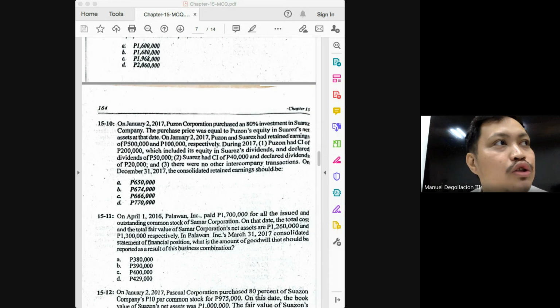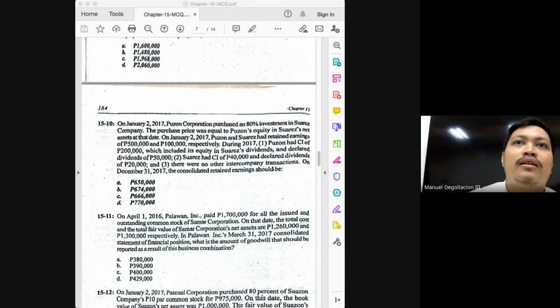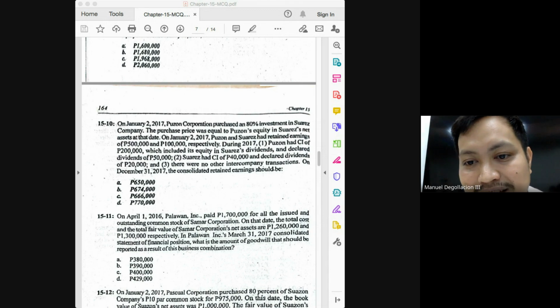Okay? So what do you do in the separate statement of retained earnings of the parent? Beginning balance 500, add profit. How much is the profit? 200. Next, deduct what? The dividends declared by the parent. How much dividends were declared by the parent? 50,000.